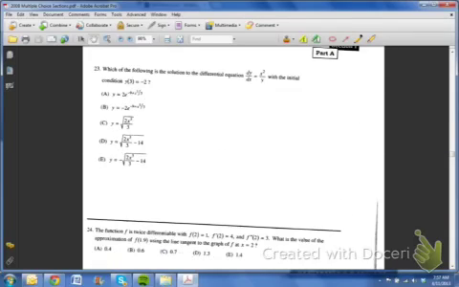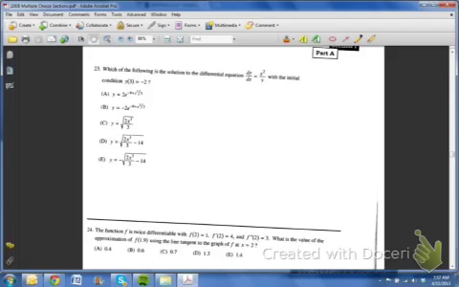All right, number 23. Which of the following is the solution to the differential equation dy over dx equals x squared over y with the initial condition y of 3 equals negative 2? All right, so differential equation, the first thing you have to do is separate the variables.